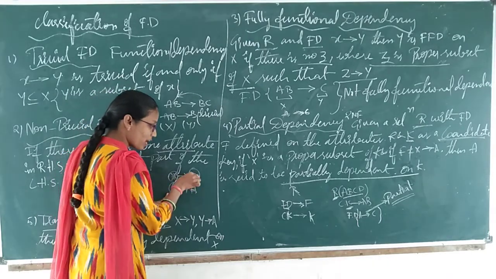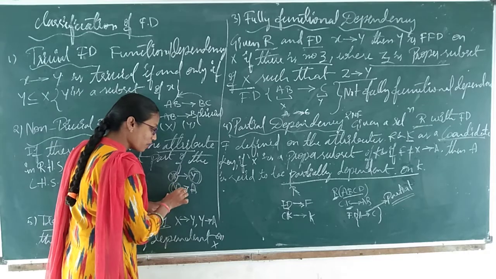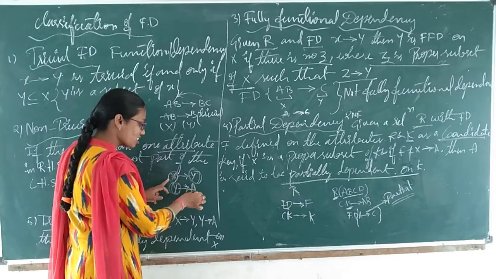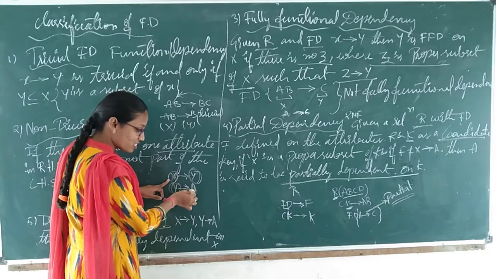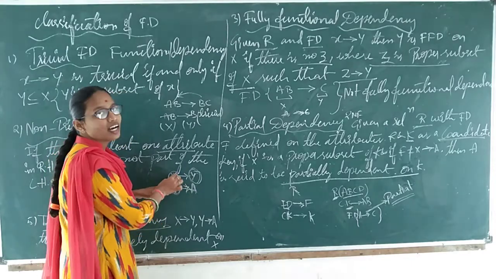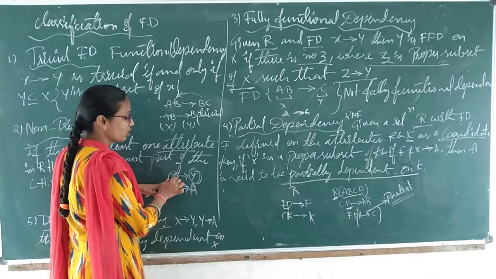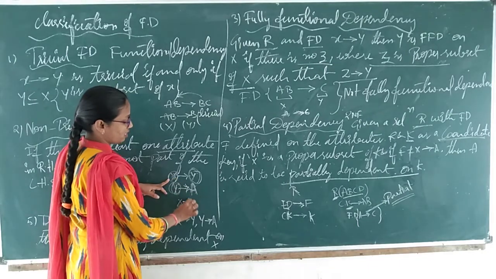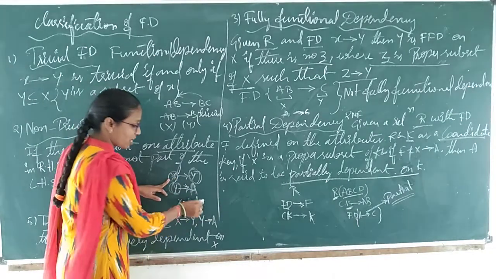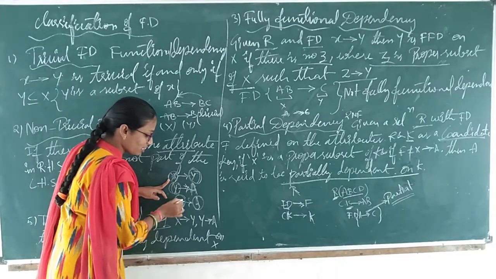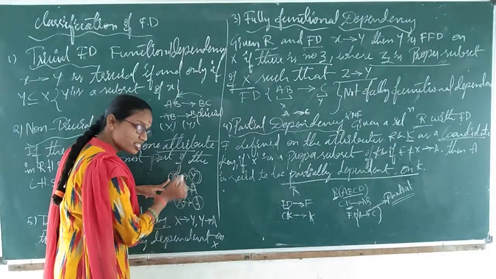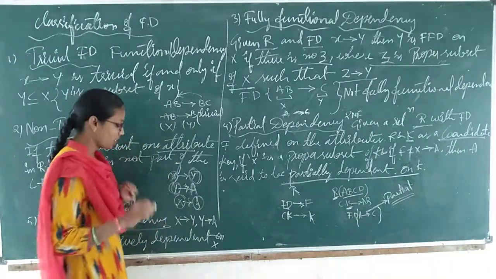X determines Y. Now Y determines A. Obviously, A is dependent on X. X determines A, so A is dependent on X, and X is a determinant.